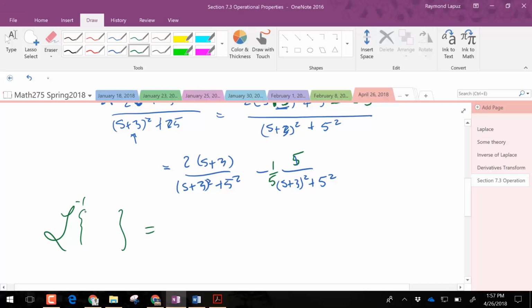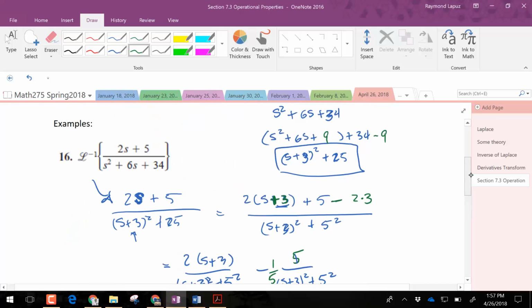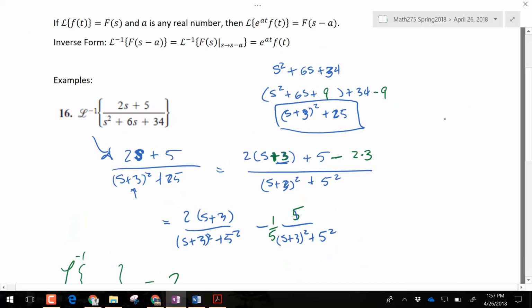So the inverse transform should look like a 2. Oh, now there's a shift, right? So according to this, this is our function. Our shift is going to be the inverse transform of the function that's been shifted.